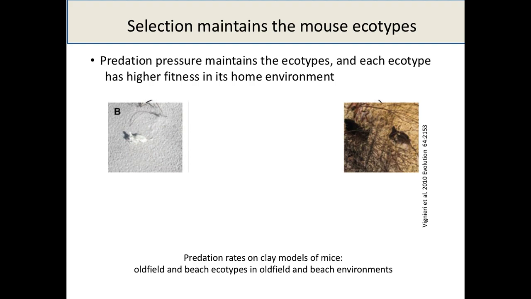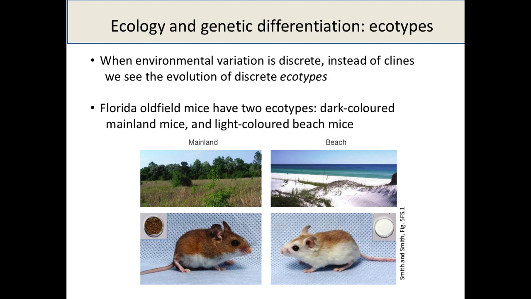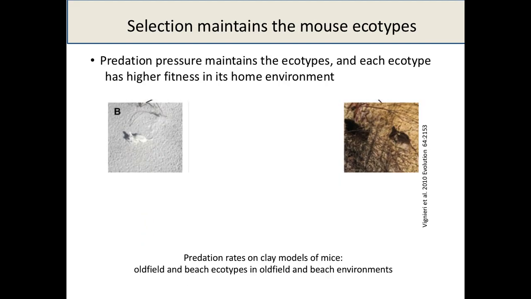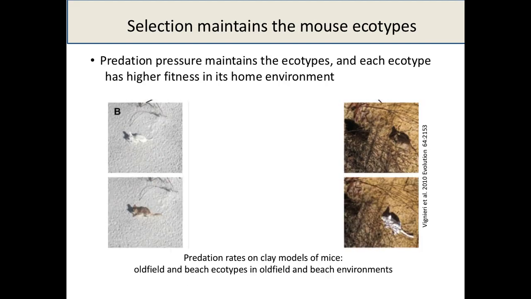And the question becomes, how will natural selection determine what type of trait is found in these different environments? If you take individuals from one environment and place them in the other, these are the same population.